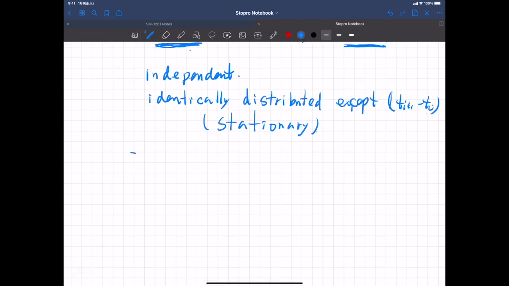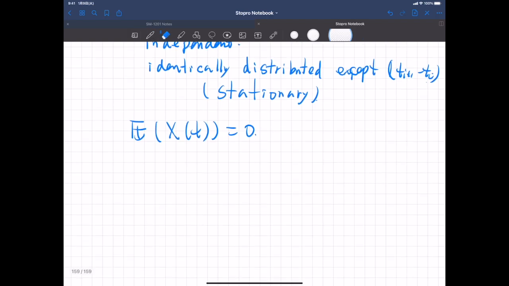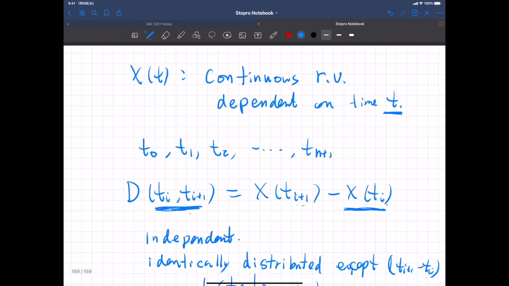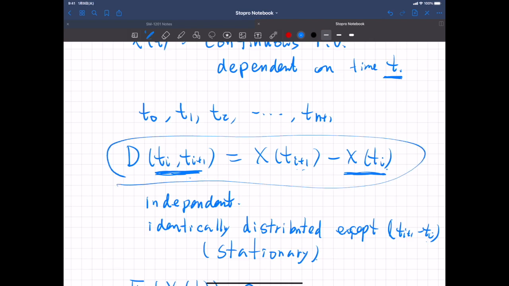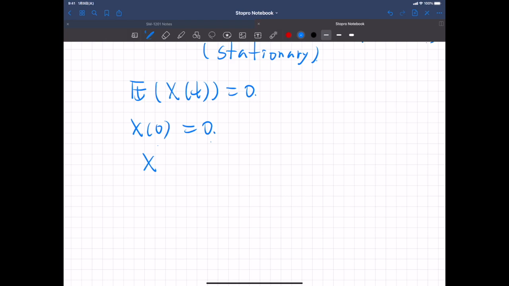And also, for simplicity, we assume that the expectation value of the random variable x of t is 0. So on average, this random process goes nowhere. And also, we assume the starting point, the initial condition, is 0. So at time t equal to 0, this coordinate x is 0. So from this definition of random variable d, we can write x of t as d of 0, t.